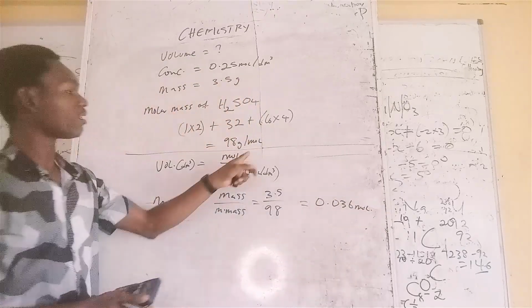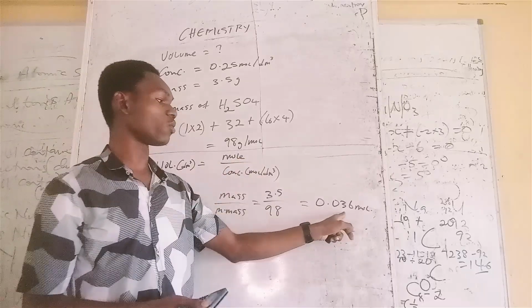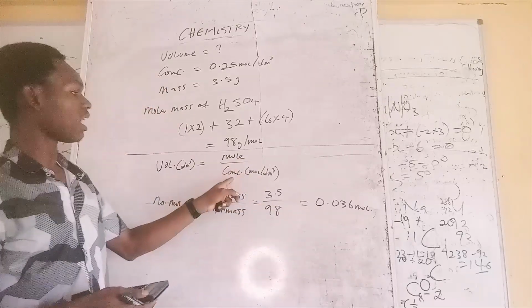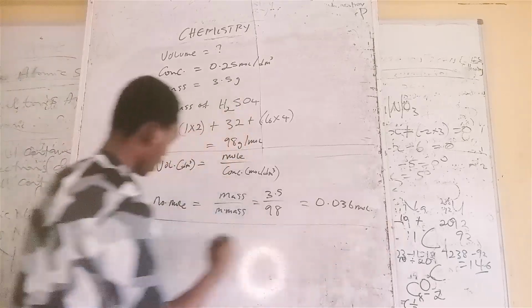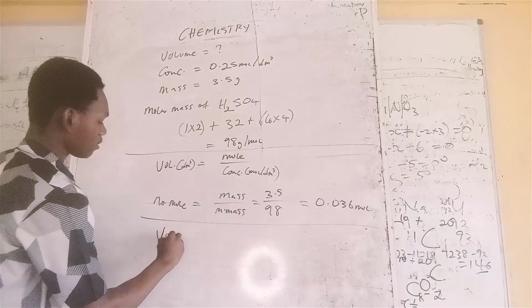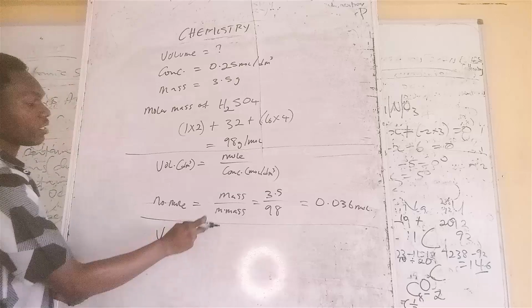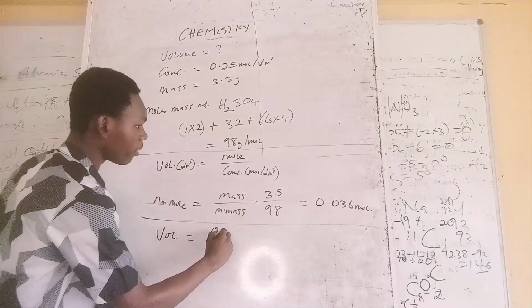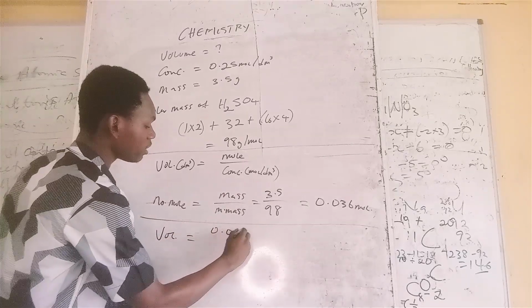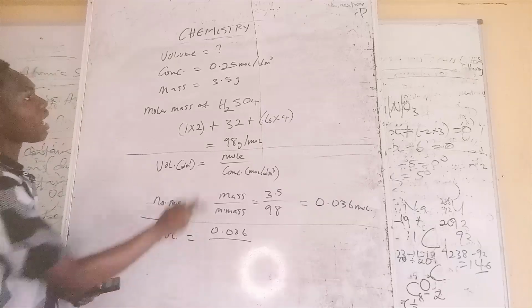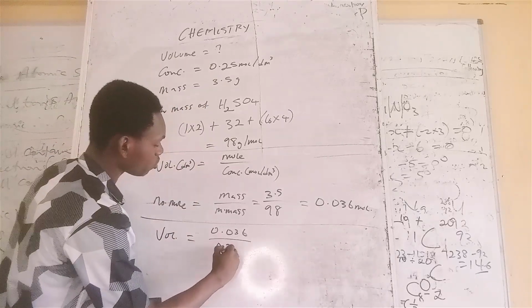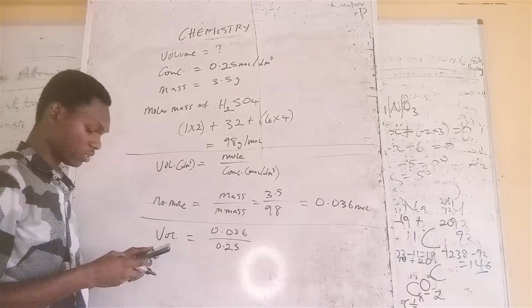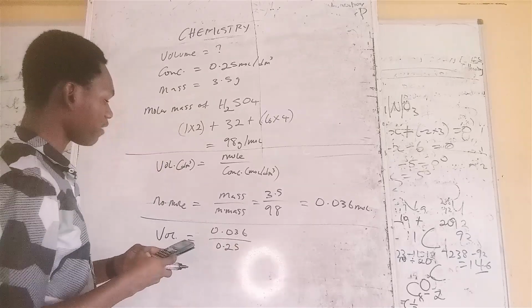So we've gotten our mole to be 0.036 and our concentration was given to us as this. So in summary, our volume will be equal to the number of mole, which is 0.036 divided by our concentration, which is 0.25.